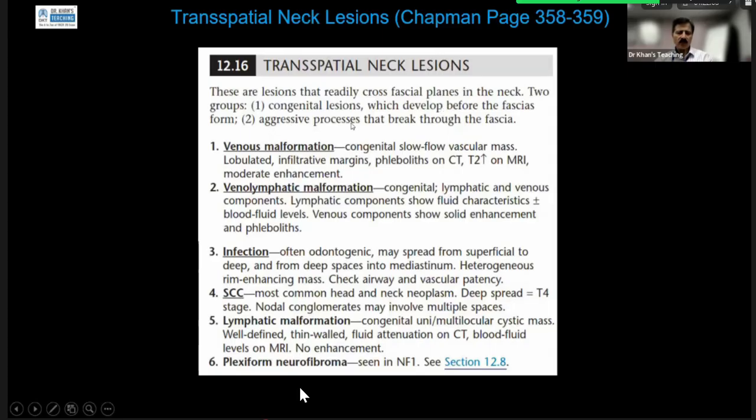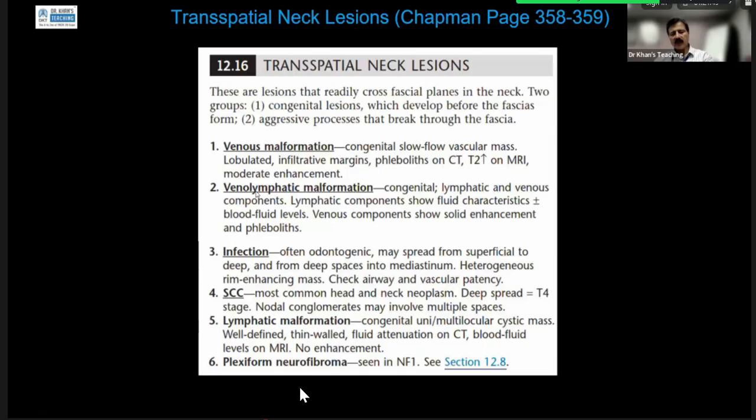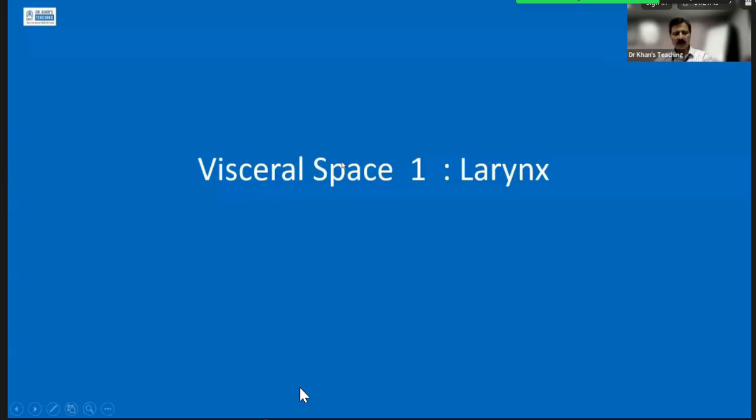So venous malformations or veno-lymphatic malformations, previously we used to call them, look at this word, lymphatic malformation. Previously we used to call it a cystic hygroma also, but now this is the terminology which we use. So I just wanted to cover this differential diagnosis, otherwise we were not covering it.